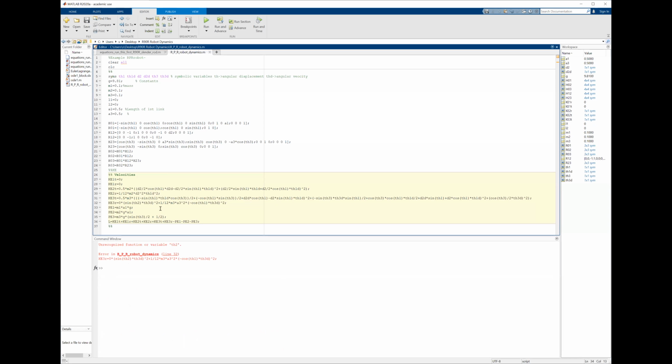So TH2, okay, there is an error somewhere. I will quickly check. KER2, KER2, TH1D, KE3R. This is TH1.